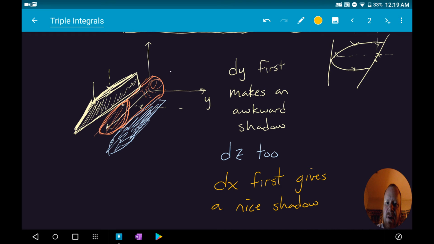So what that shadow is going to look like is, if I shine my flashlight on this shape, the largest shadow just happens to be where this circle is. So that shadow is just going to look like this. And if we can figure out what this surface and this surface are in terms of x, then that shadow is going to be the nicest one.